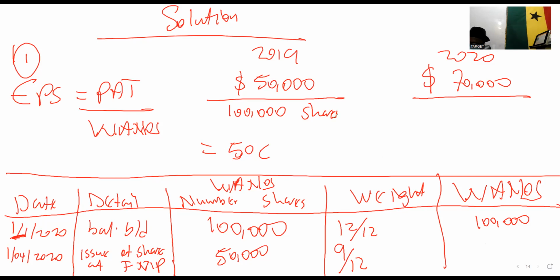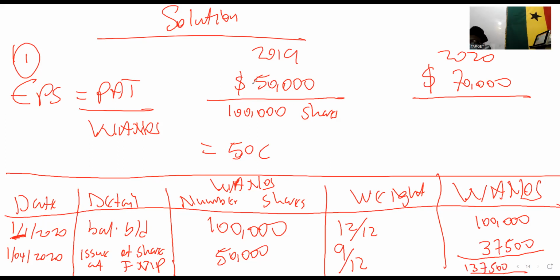The answer will be 37,500 shares. So in simplest language, the weighted average number of shares should be 137,500.